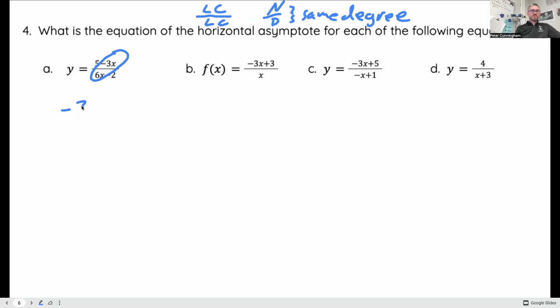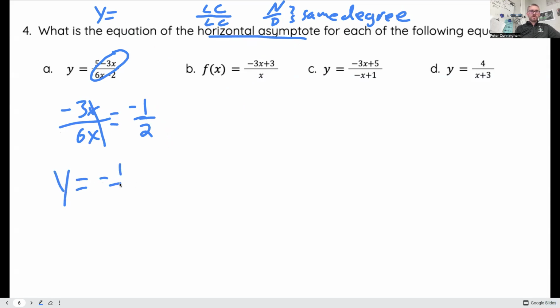The x's cancel out. -3 divided by 6 gives me -1/2. These are horizontal asymptotes, so they'll be written in y equals form. So y equals -1/2.